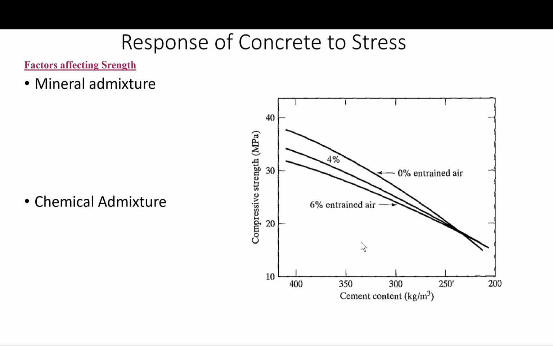In this connection, it is worth repeating the observation that a decrease in the initial rate of strength gain of concrete generally leads to somewhat higher long-term strength, while an increase in the initial rate of strength gain, as obtained with accelerators, invariably results in a decrease in the long-term strength of concrete. So you have to be aware of that.